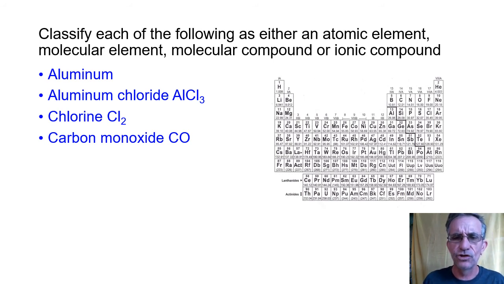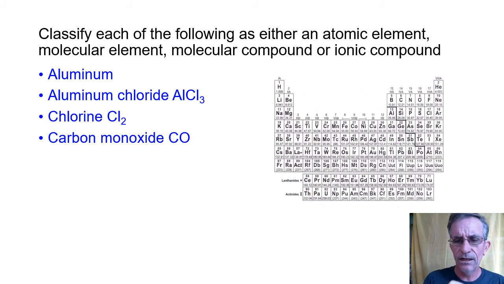Maybe we should do a couple just to make sure you're sure. All right, so aluminum. What kind of material is aluminum? Is it an atomic element, a molecular element, a molecular compound, or an ionic compound? Well, first off, it isn't a compound because it's only one thing. It's just aluminum, so it's an element. Now, is it a molecular or an atomic element?